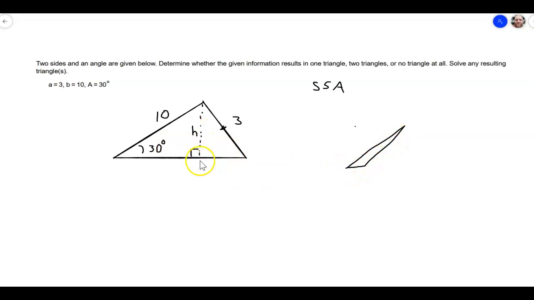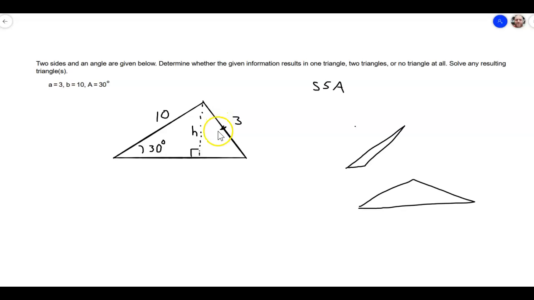So then we have two triangles. And if this length here is larger than this side here, then we're only going to be able to make one triangle, and that side is going to have to go out that way. So it's going to look more kind of like this right there.